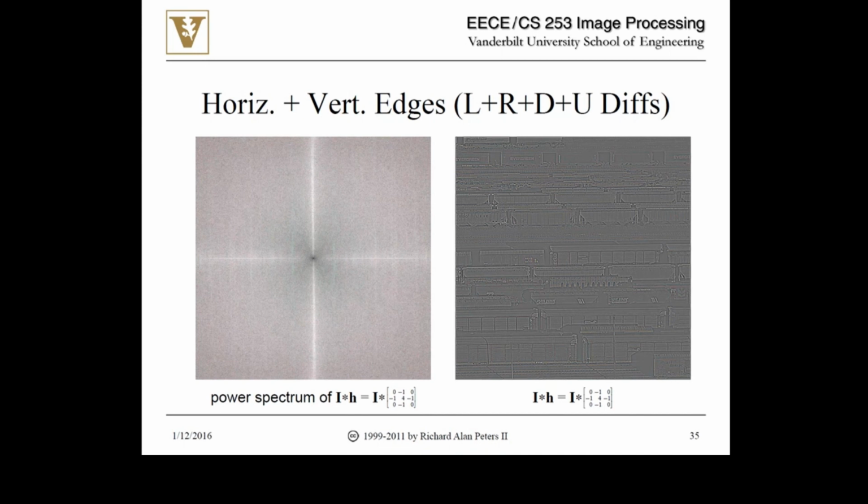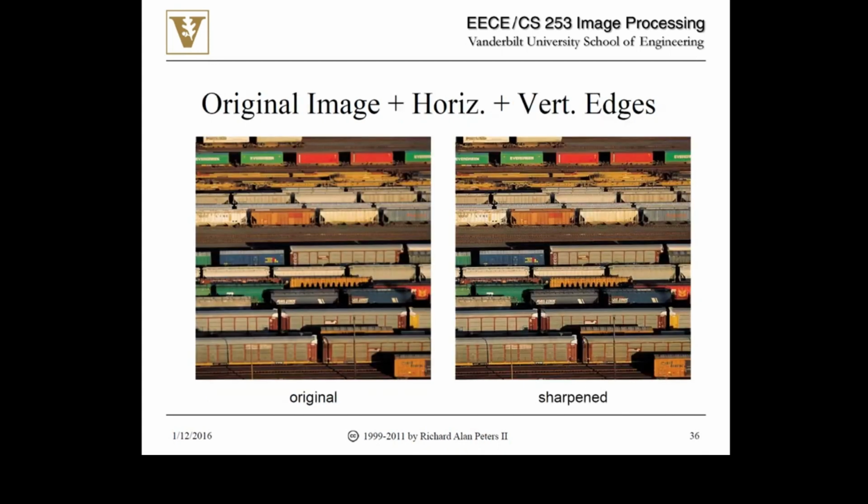Because of this directional derivative, I would even know how to compute the edges in all other directions. So now I have an image that has been sharpened by vertical and horizontal edges.